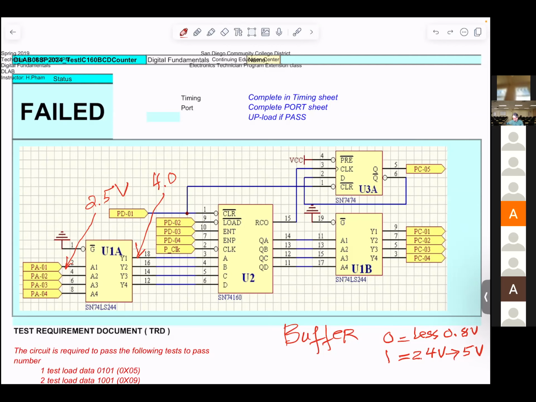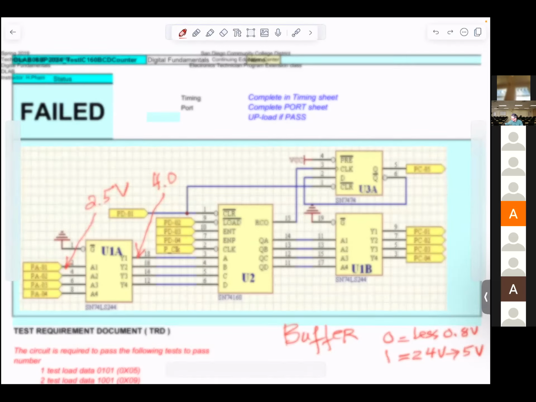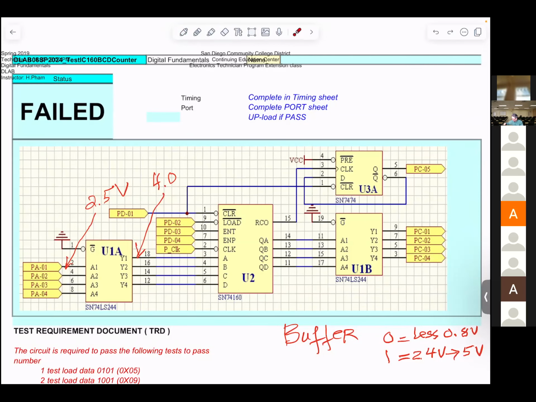And now you can see in that one, I believe, you get 20 pins, input and output. Normally for a 20-pin IC, pin 20 will be 5 volt.